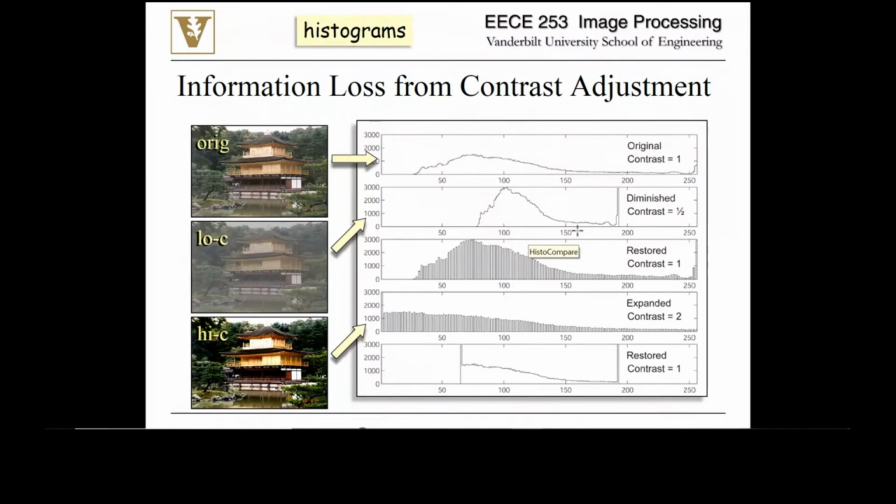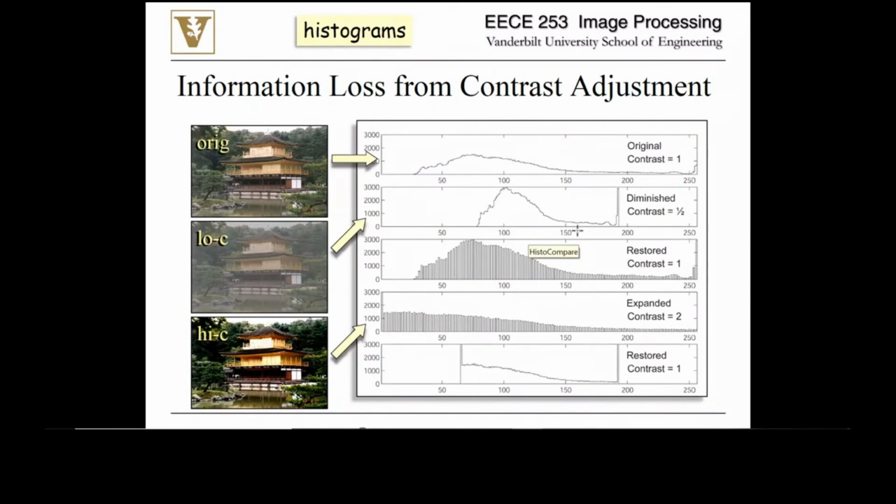Now we apply a further expansion of contrast by another factor 2. So now we are expanding and we are saturating at the borders. This is the one with expanded contrast. We are not representing all the image there. And now we restore the contrast again by multiplying by a factor of 1/2, and this is what we get.